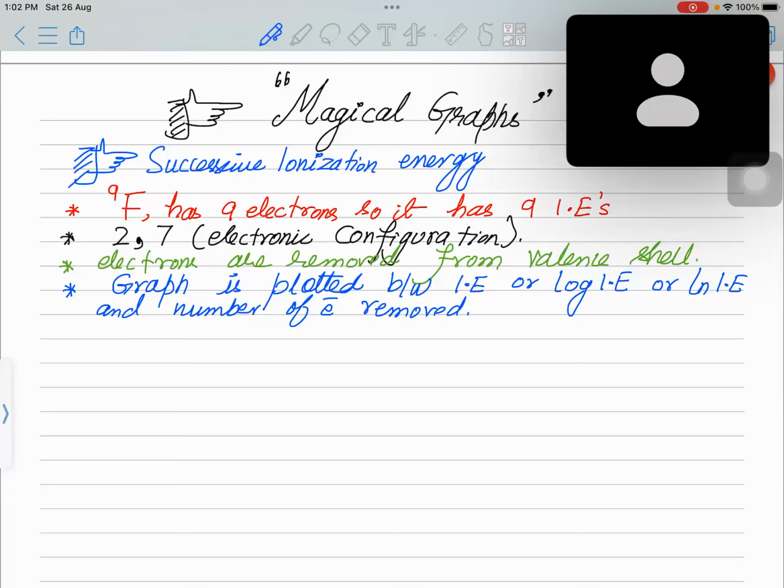Very good. So can anyone tell me the factors on which ionization energy depends? The distance from the shell. Sorry, distance from the nucleus. Yes, 4 factors.